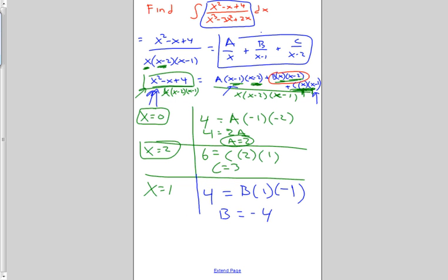So now we're able to write my fraction as a partial fraction, and we can say this is the integral, because remember we're trying to find the integral.